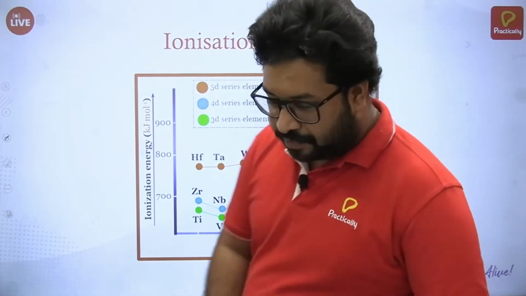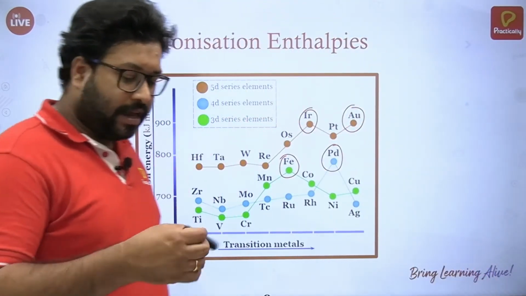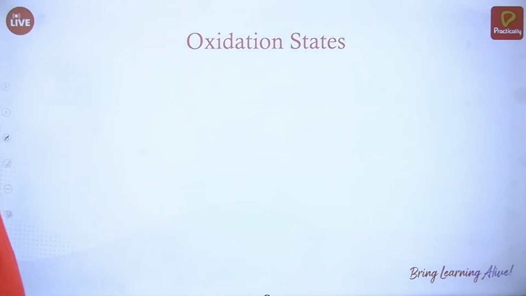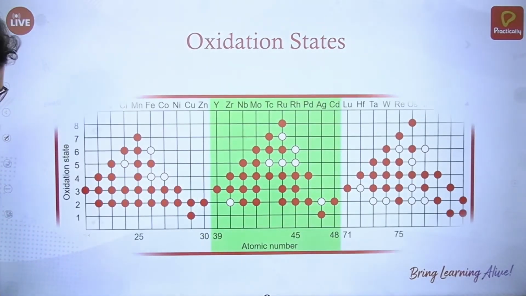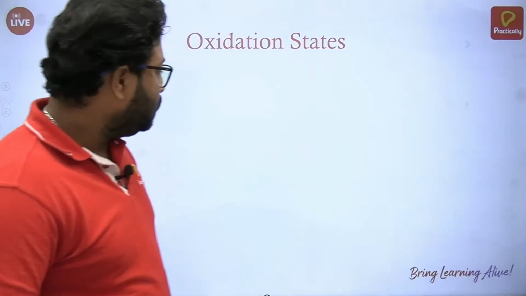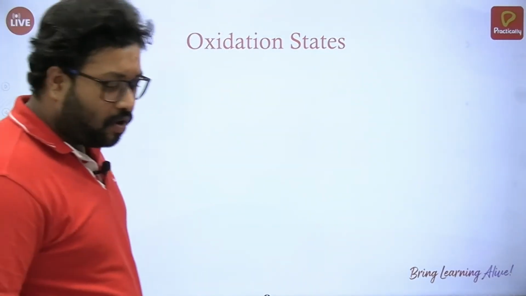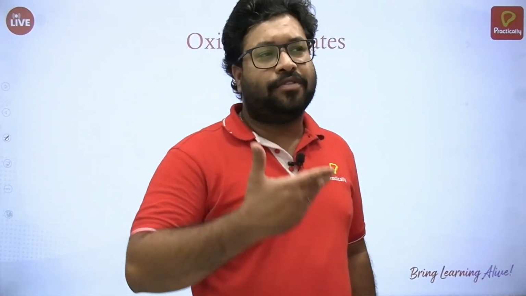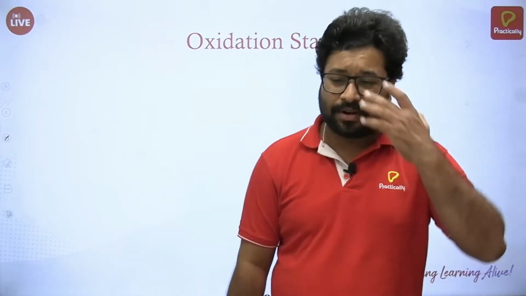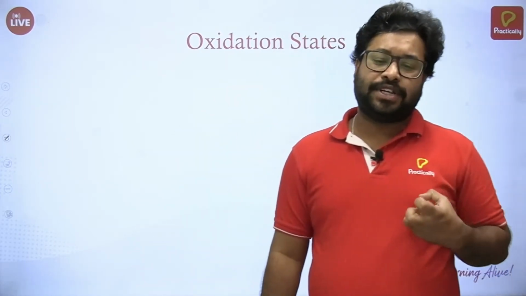Okay, chalo, moving ahead. Oxidation states. Yes, oxidation state. We know that 3D element, 4D element, 5D element, and f block element also. We're going to move to the f block element, but firstly let me finish the D block element.